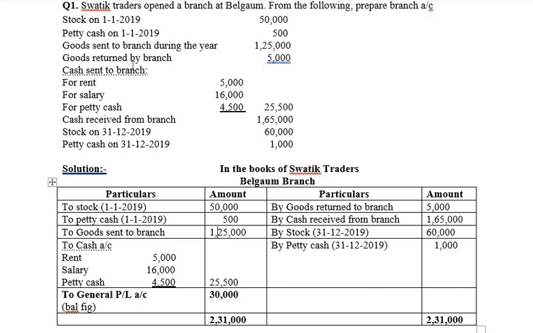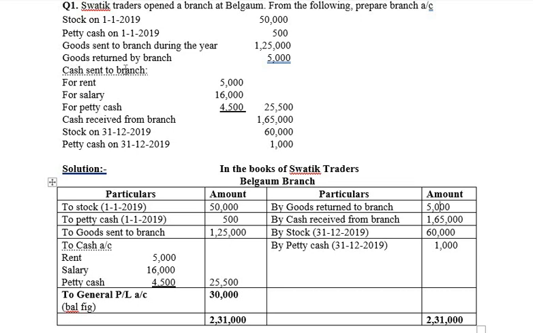Next, goods returned by branch will go to the credit side, because these are the entries we are passing in the books of head office. When the goods are returned by the branch, head office is receiving them, so by goods returned to branch, which is 5,000, goes to the credit side. Next, cash sent to branch.